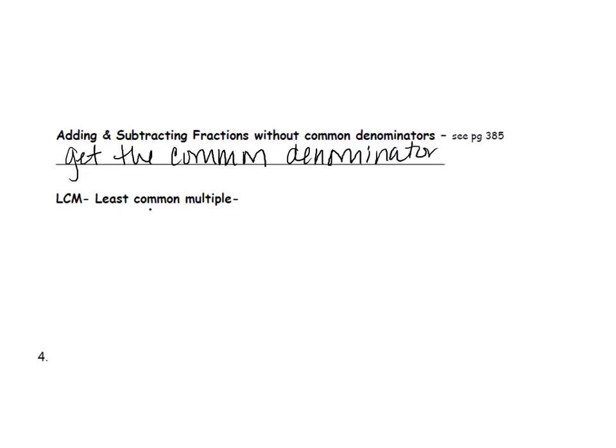Well, first let's talk about the least common multiple, which is the least common denominator. So if I gave you a problem like this on the bottom, or this, and I say, what's your common denominator? Well, what you're going to want to do is factor first. So this factors down into these two.